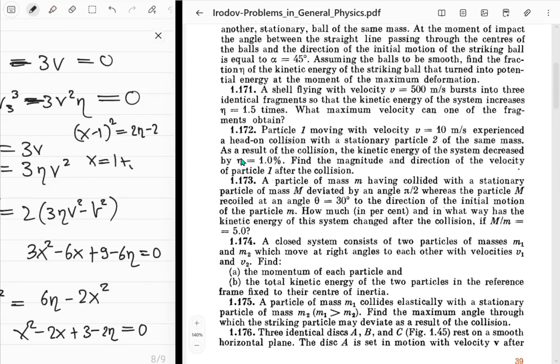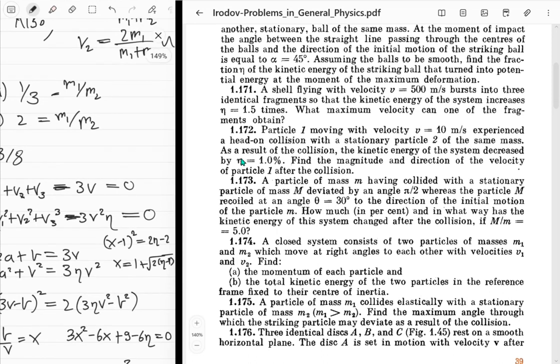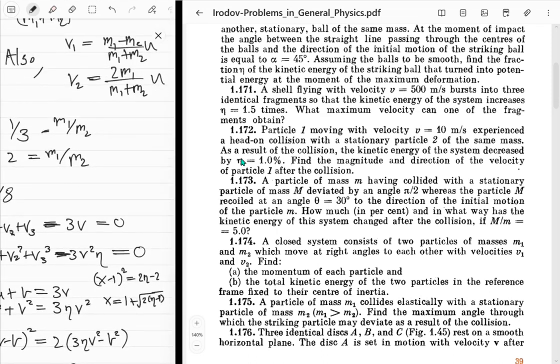So it's just the square root of 2 times eta minus 1. Once we have x, we can put that in here and get what v is. The maximum velocity would be whatever velocity it was moving with, times this x quantity. So it's going to be 1 plus the square root of 2 times eta minus 1.